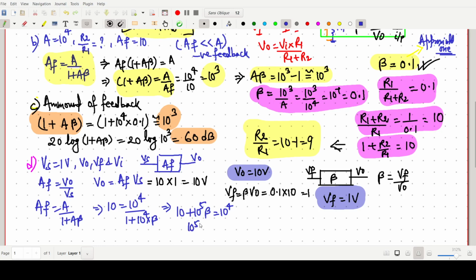So it should be beta equals (10 to the power 4 minus 10) by 10 to the power 5. 10 to the power 4 minus 10 is 9990.